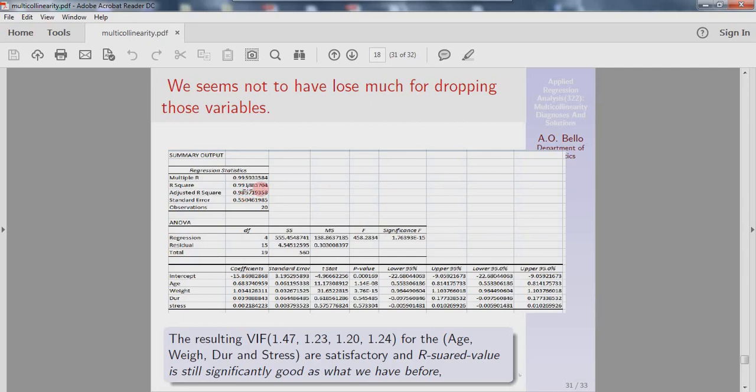So despite even removing them from our model, we can see that our R square is still 0.999. So we seem not to have lost much by dropping these two variables.